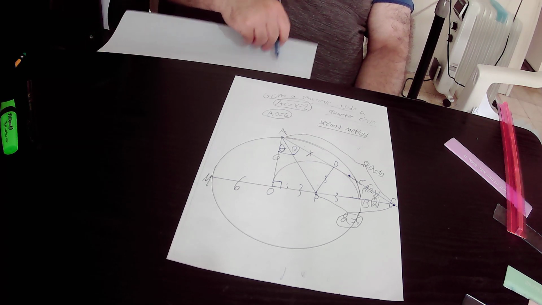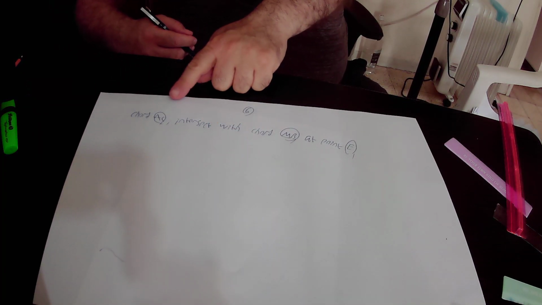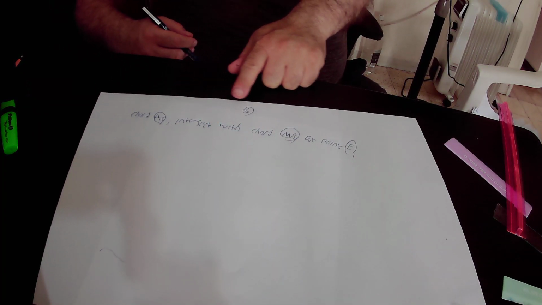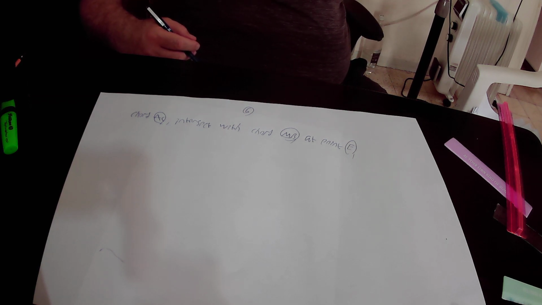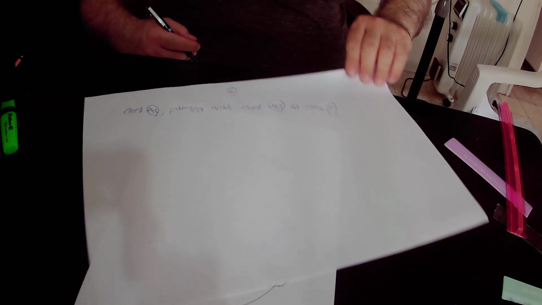I'll repeat again. In our drawing, chord AC intersects with chord MB at point E. Point E is the intersection point of chord AC with chord MB.